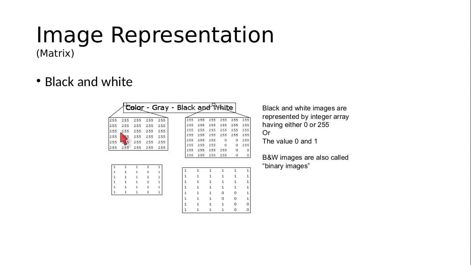Right. In a different version of the same, the 255 might actually be replaced by ones and the zeros would remain as it is. So this would be a black and white image where the white is represented by ones and the blacks are zeros, and this is an image where the white is represented by 255 and the black is represented by zeros.